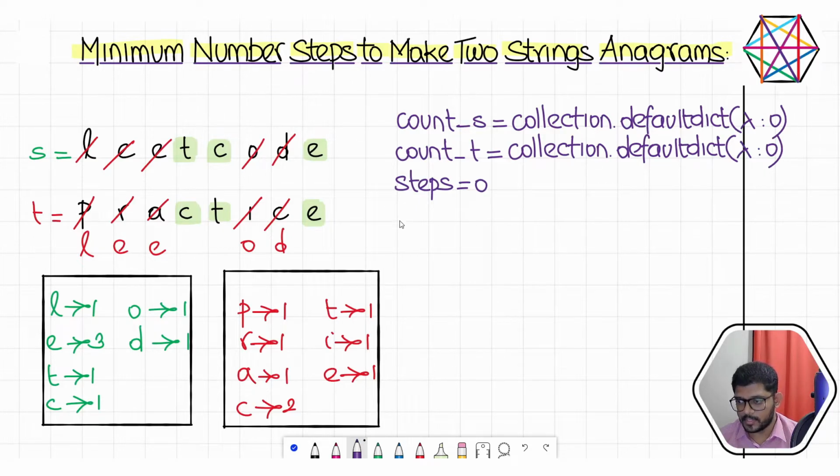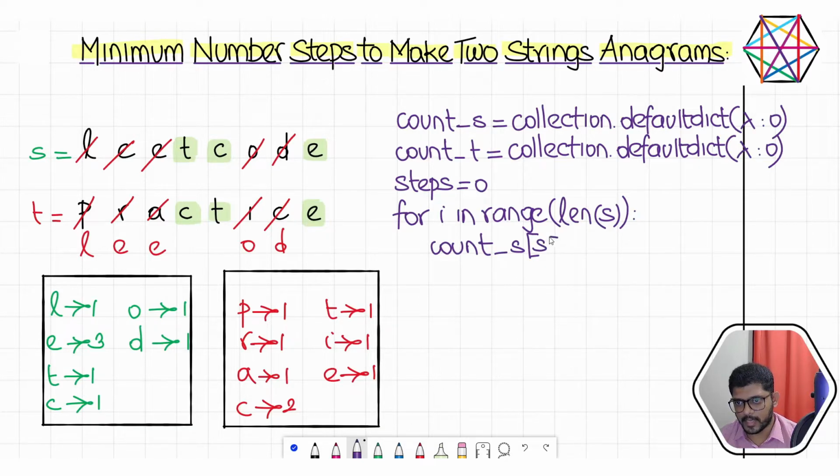So now the first thing that we're going to do is for i in range of length of s. You could have chosen length of t, it makes no difference because they both are equal. So for i in range of length of s, we are going to count the characters. count_s of s[i] plus equals 1.